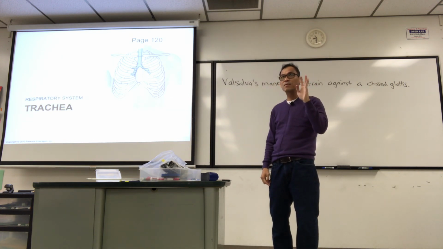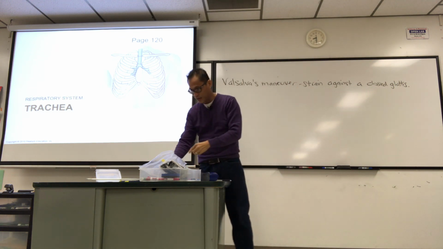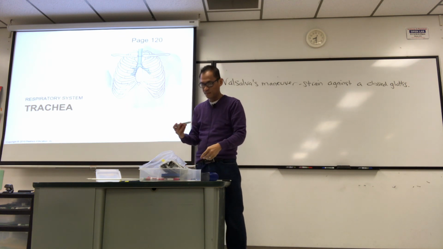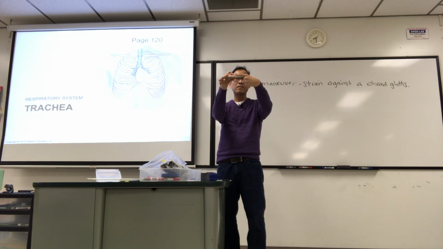It's a little less than an inch in diameter. So another reason why I like this model is it kind of approximates what the trachea can accommodate, maybe 1 finger. Okay.